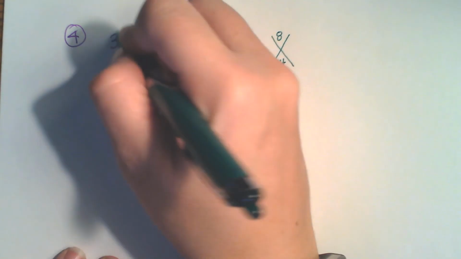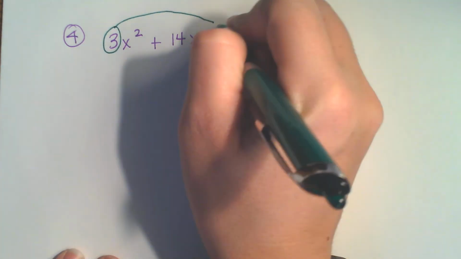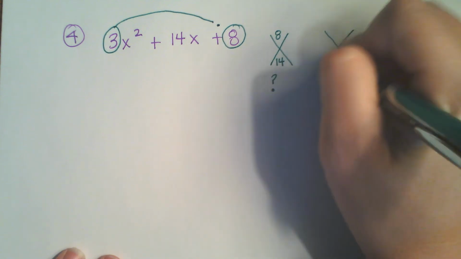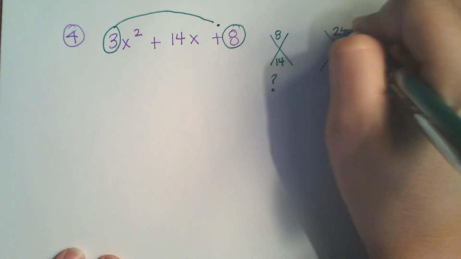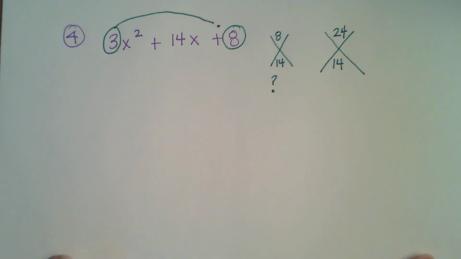So that's what tells me I'm also going to use that first number, 3 times 8. So we need factors of 24 that add to 14. Is there a pair of numbers that multiply to 24 and add to 14?